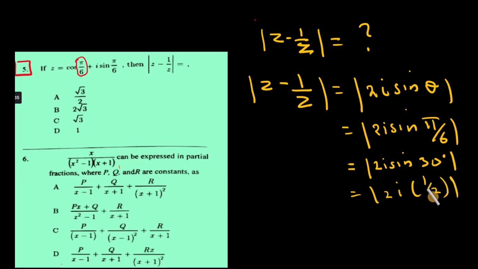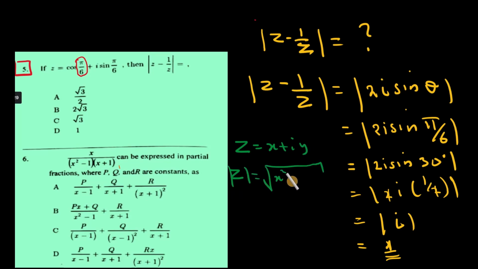2i times half means 2 cancels 2 here, so we are left with i times 1, which is the same as the magnitude of i. You know, mod i is equal to 1, because if we have a complex number, say z is equal to x plus iy, mod z is equal to the square root of x squared plus y squared. X squared is the real part squared, and y squared is the coefficient of i, which is the imaginary part, squared.